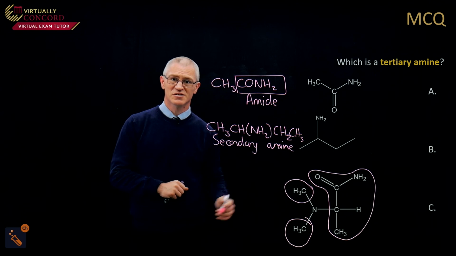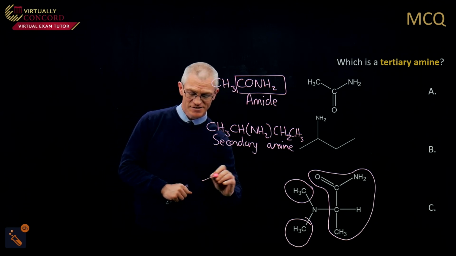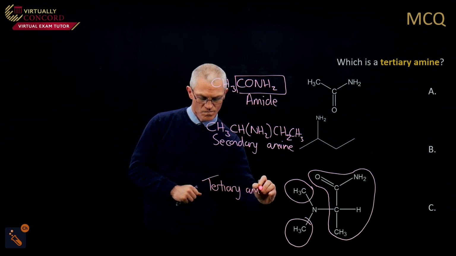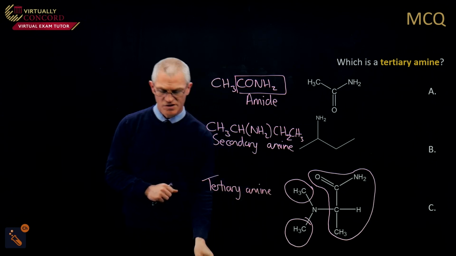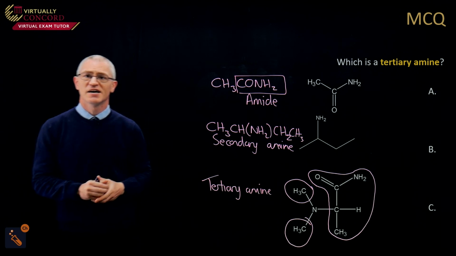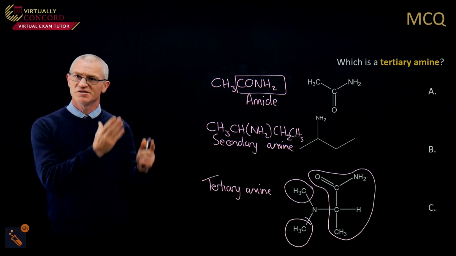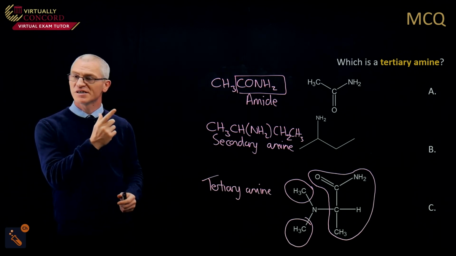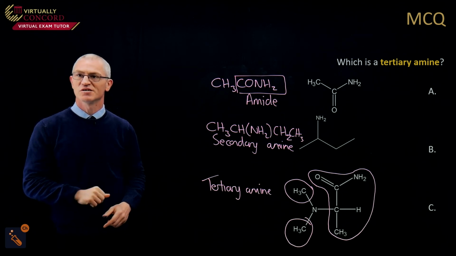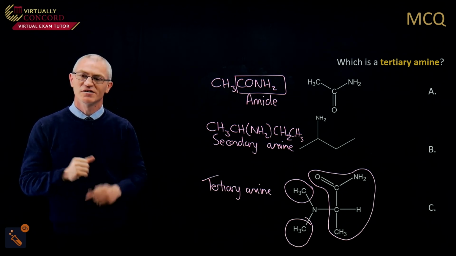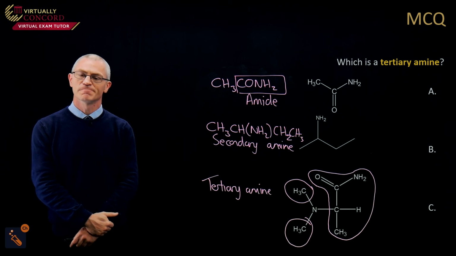So because it's bonded to the nitrogen centre, indeed, C is our tertiary amine. Okay, and that is how you generally look at it. Look for those different groups, and they'll mix up amides with your amines. It's what they always do to try and confuse you, so just get used to that.